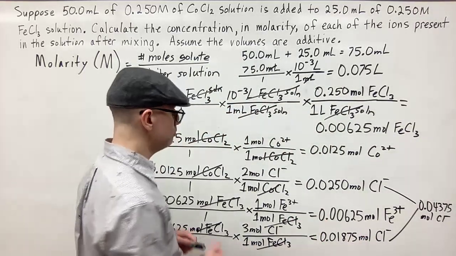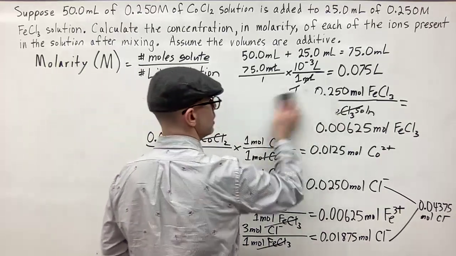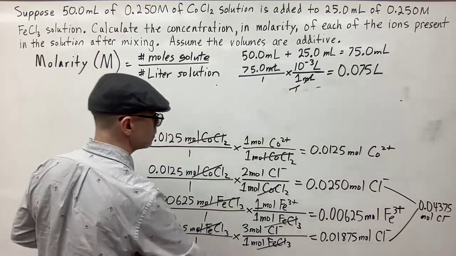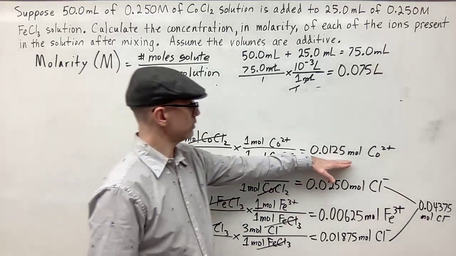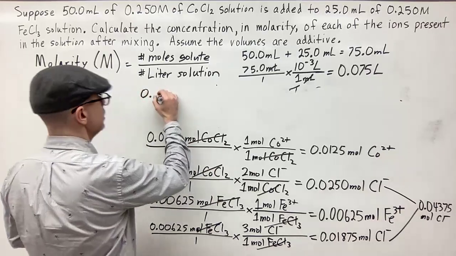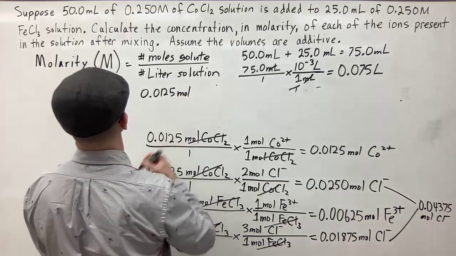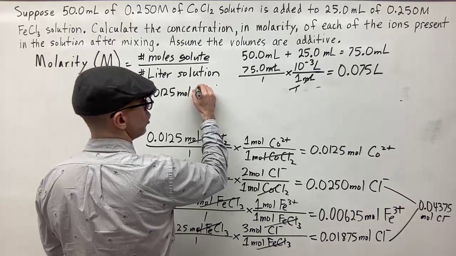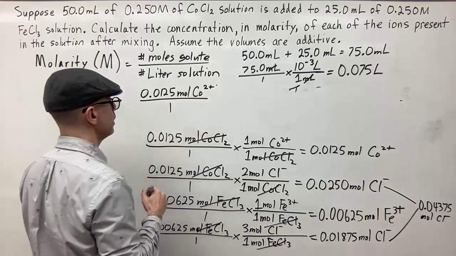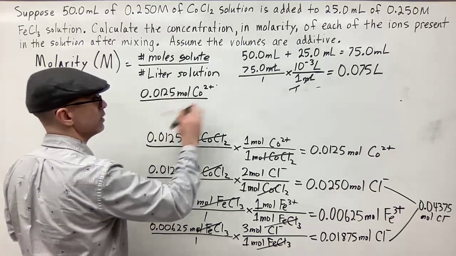All right, so now let's erase this. Give us some space. So, cobalt. Find the molarity of cobalt. I'm going to take 0.0125 moles of the cobalt-2 plus ion, and I'm going to divide that by the volume.